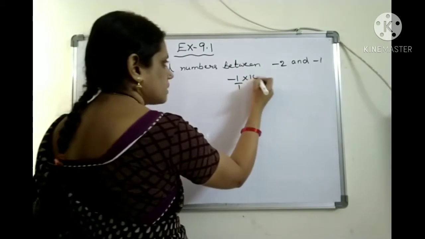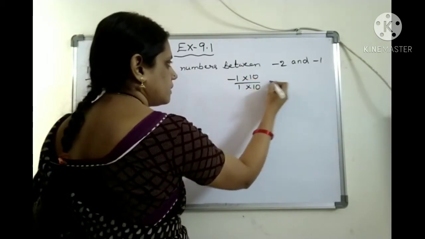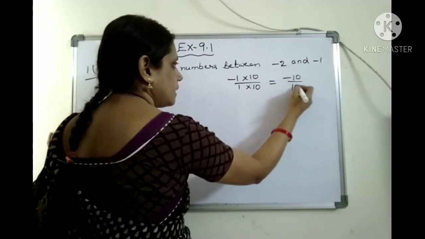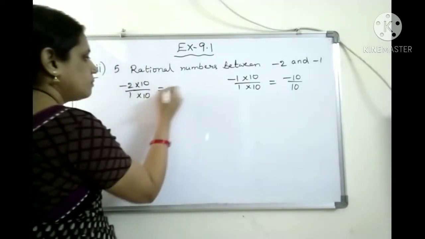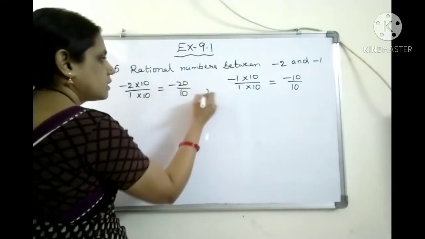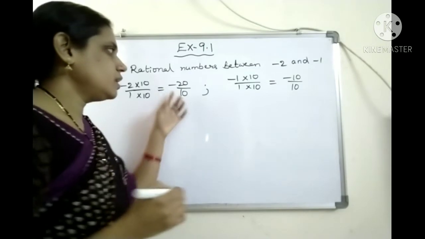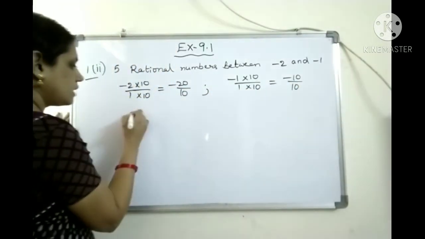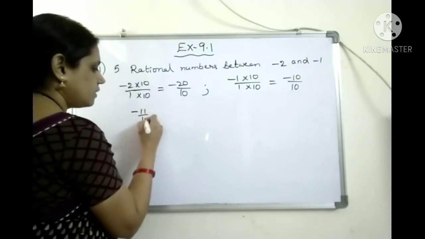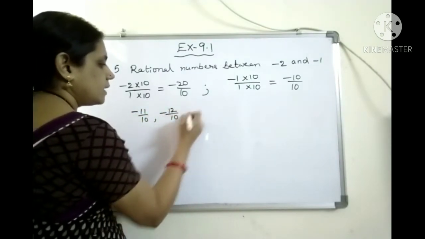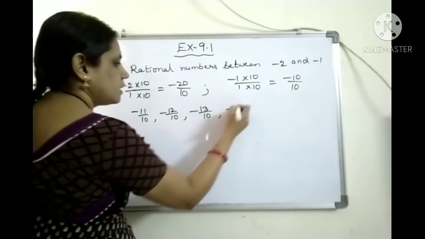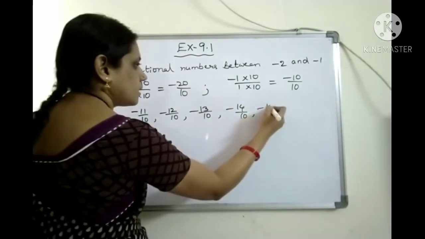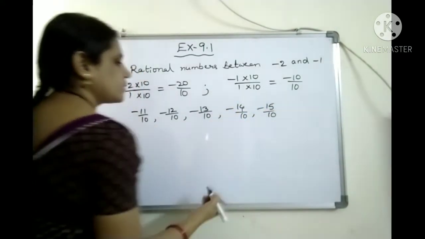Let's say here also we can multiply with 10. So -10 by 10 and here -20 by 10 we got. Okay, so here in between -20 and -10 now we got integers. We can write anything like -11 by 10, -12 by 10, -13 by 10, -14 by 10, -15 by 10.